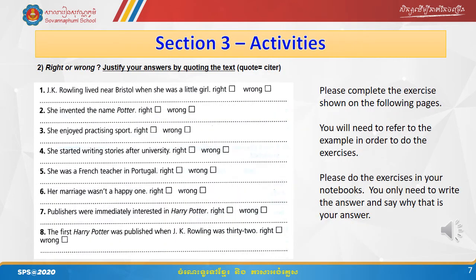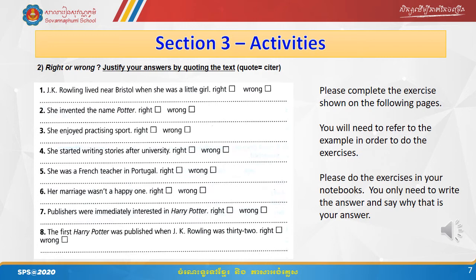Class, we're now moving on to section 3, the final section of our lesson today, activities. In our first activity, we have 8 statements. We need to decide, are they right or are they wrong? And then we need to say why.